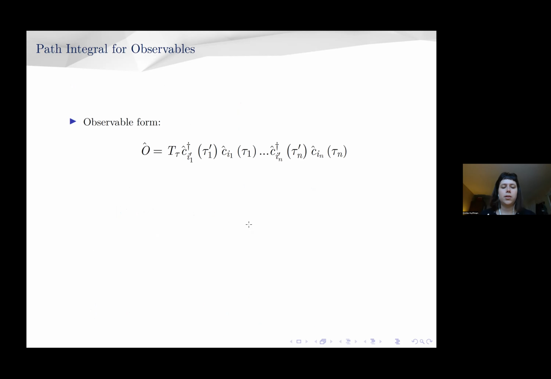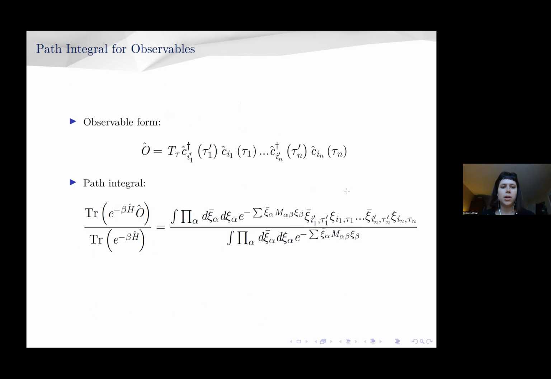Okay, so this is our observable form. We have the c dagger c's in space and time. And then one can do basically what I did yesterday, the game of the path integral, introducing the Grassmann degrees of freedom and integrating.